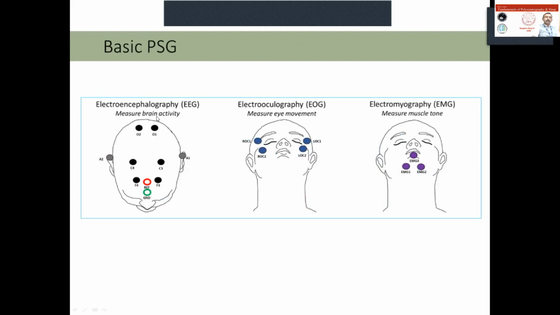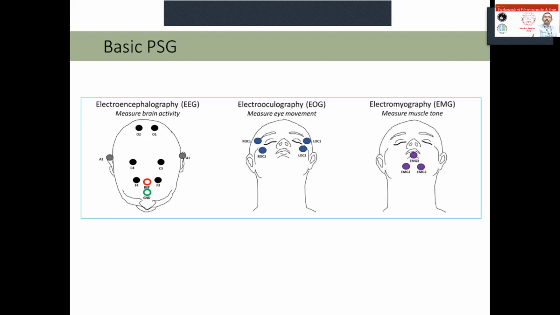One is brain activity, which we call electroencephalography or EEG. The second is eye movements, which is called electrooculography. And the third is muscle activity, usually measured around the chin, and this is called electromyography. With these 3 physiological parameters, anyone should be able to accurately score sleep stage.